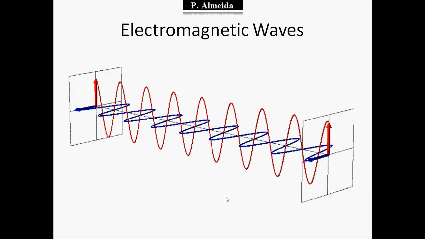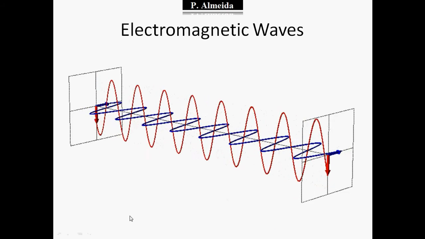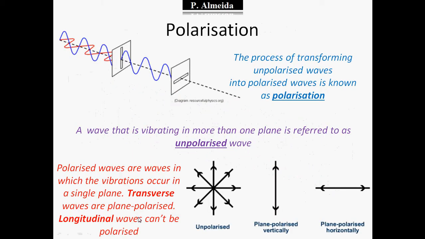So this wave here is not polarized. And here I have the example of polarization, which is the process of transforming unpolarized waves into polarized waves. So you have the electromagnetic wave, you get a filter or a slit in one direction, here 90 degrees up, and then only the waves that move up and down will be able to pass through.